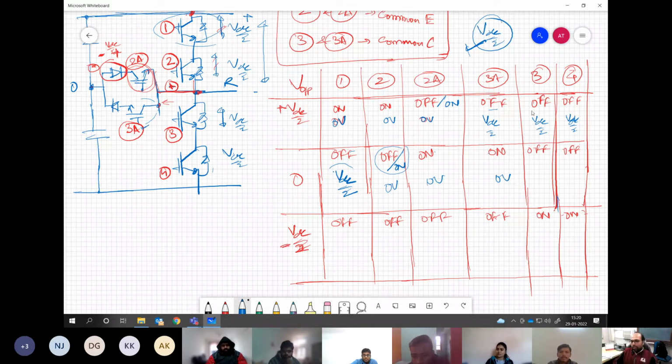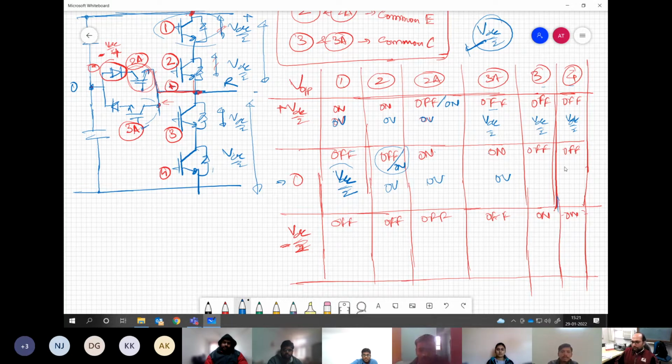Okay. Similarly, for this 3 and 4, how much voltage is required to be blocked in this state when you are generating 0 volts? In that condition, I'm asking. How much voltage is required to be blocked between this? Sir, VDC by 2.